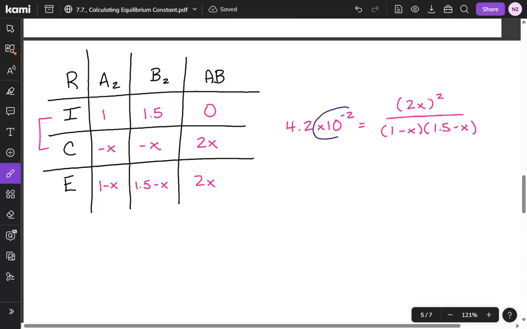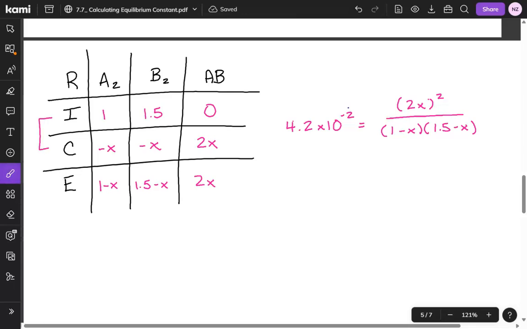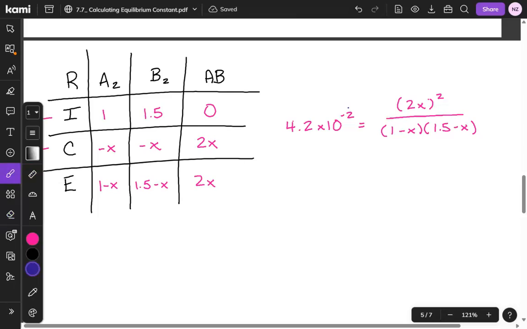So since this value is very small, we can assume that our x is going to be very small compared to the initial concentration. So instead of it being 1 minus x, if x is a really small number, 1 minus a really small number will basically be 1, and 1.5 minus a really small number will basically be 1.5.